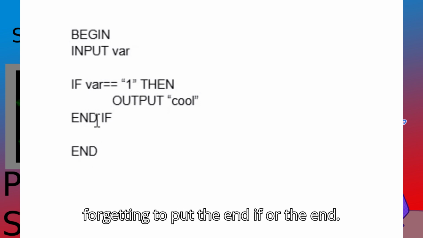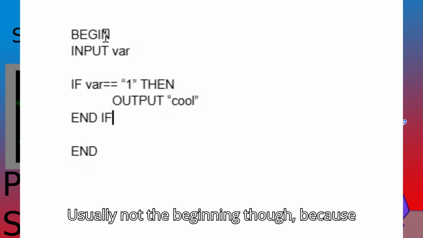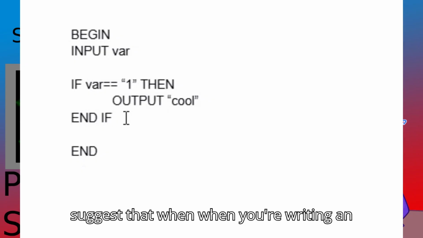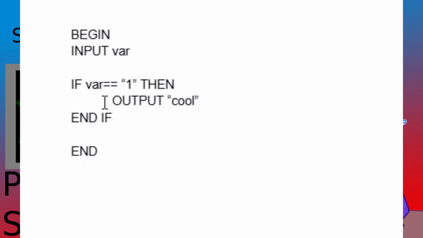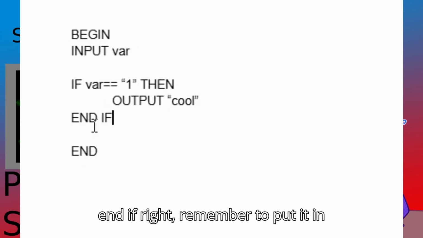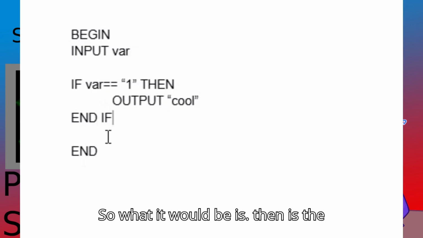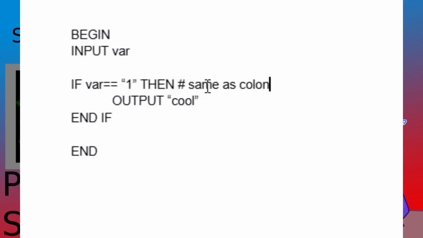Usually not the beginning though, because you just start with that. But once again, I suggest that when you're writing an if statement, end if, right? Remember to put it in there. Number one tip. So the then is the equivalent of the colon. So yeah.